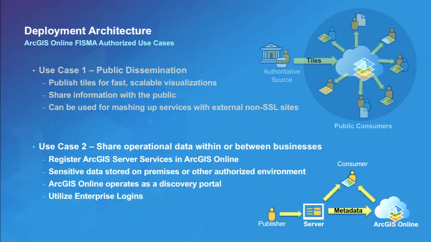The second use case is for sharing operational data within or between businesses. You can register your ArcGIS Server services in ArcGIS Online, which we talked about with that metadata a little bit before, and where your sensitive data is stored on premises or in another authorized environment. ArcGIS Online operates as a discovery portal in this process, and you can utilize enterprise logins.